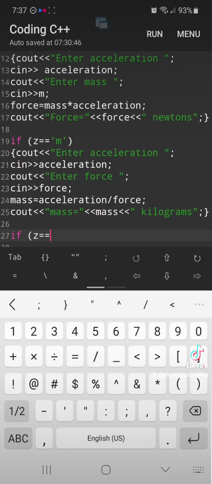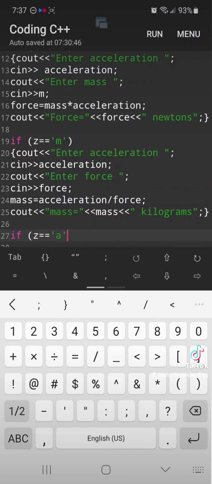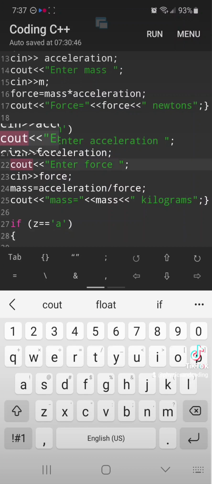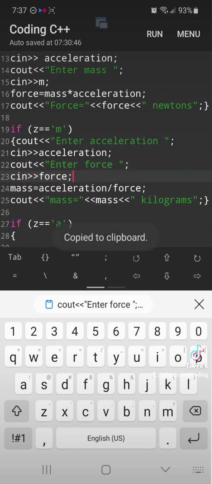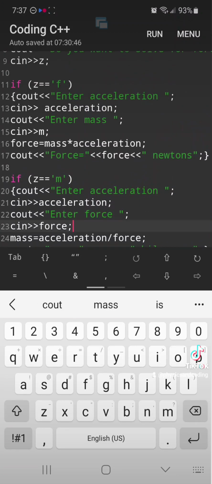If z equals a. Which means we have to ask for force and mass. So we can just copy that from above. And then the mass.